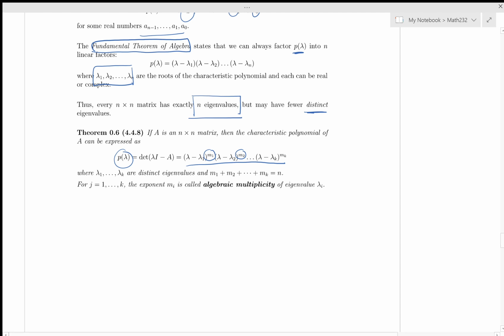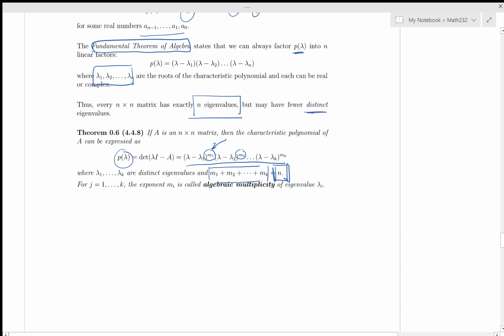And when you add up all of those values, m1 to mk, it has to be equal to n. That's by the fundamental theorem of algebra. And these exponents here, m1, m2, etc., let's just talk about m1. It's easier to state it. If we just look at m1, m1 is the algebraic multiplicity of eigenvalue lambda 1.